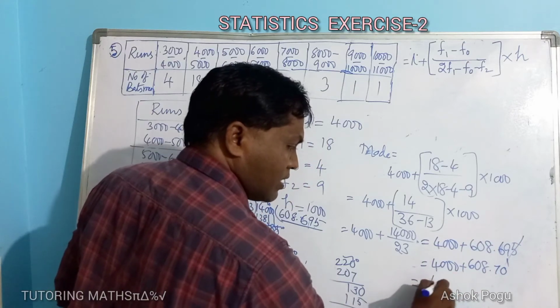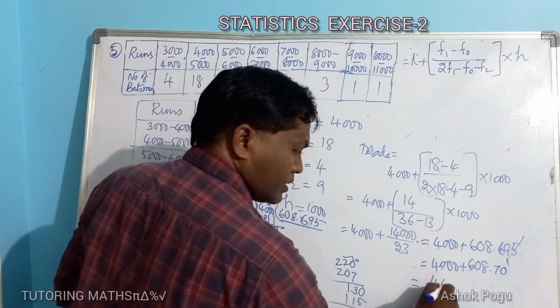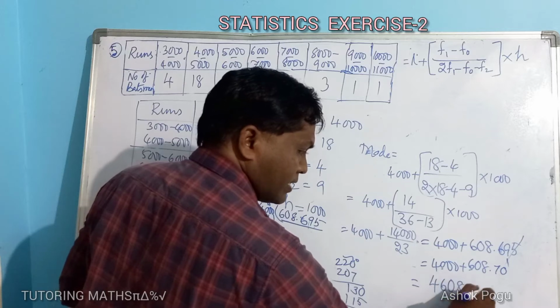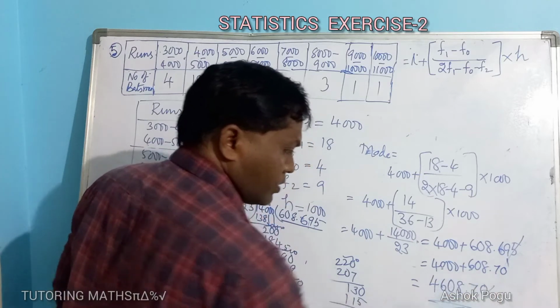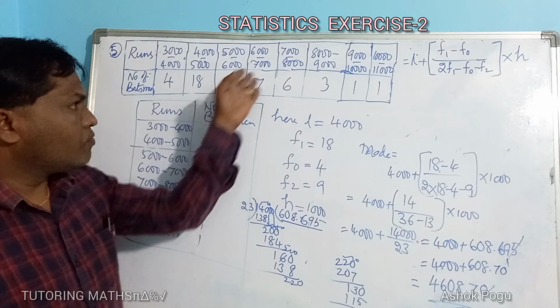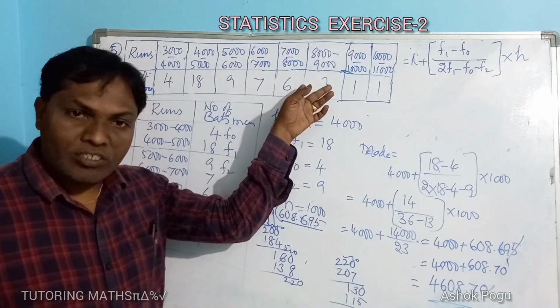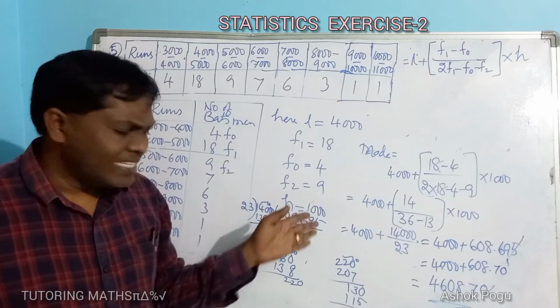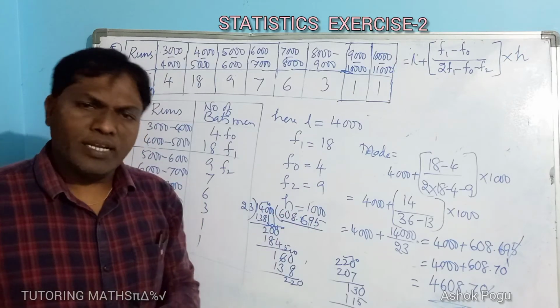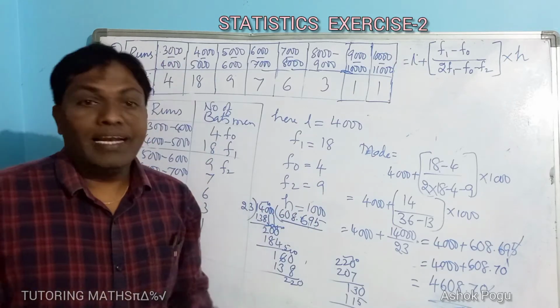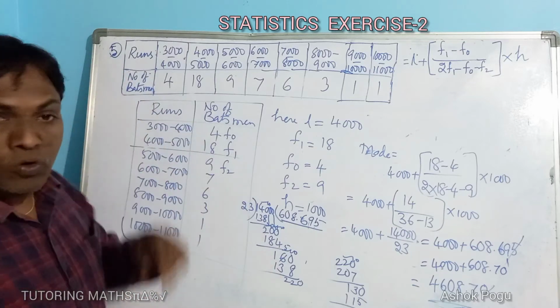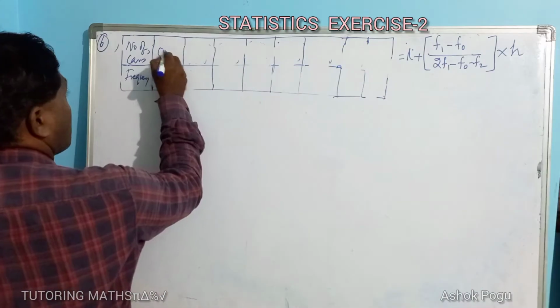Finally our answer is 4,608.7. So this is the result of the mode for this data, and in the same manner you find the mean for this data and compare. In this exercise, for every question we have to find both mean and mode. Let's come to question number 6 or 7.